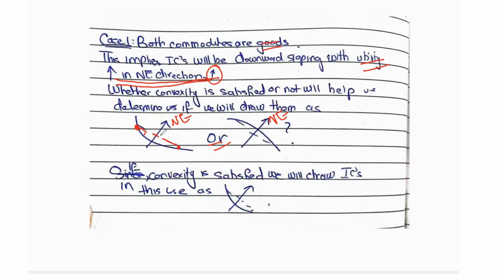Now, if convexity is satisfied, this line should be above the IC. That's what's important to keep in mind: in which direction does utility increase? Here, utility increases in the northeast direction. So if I draw my IC like this, these are the two indifferent bundles, and this line represents any weighted average or convex combination of these two bundles.